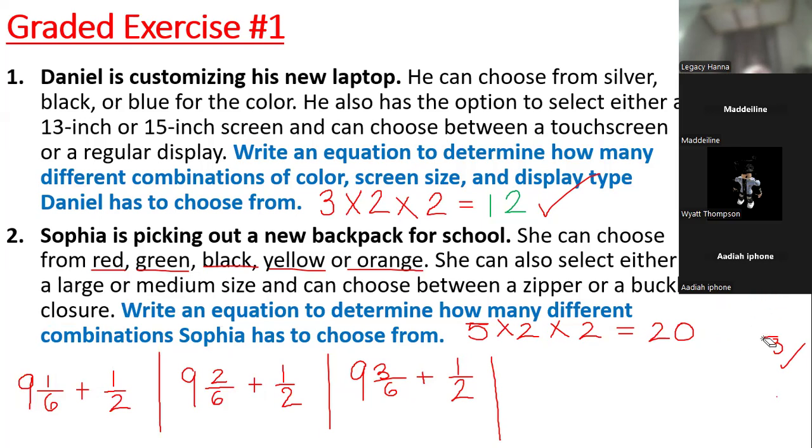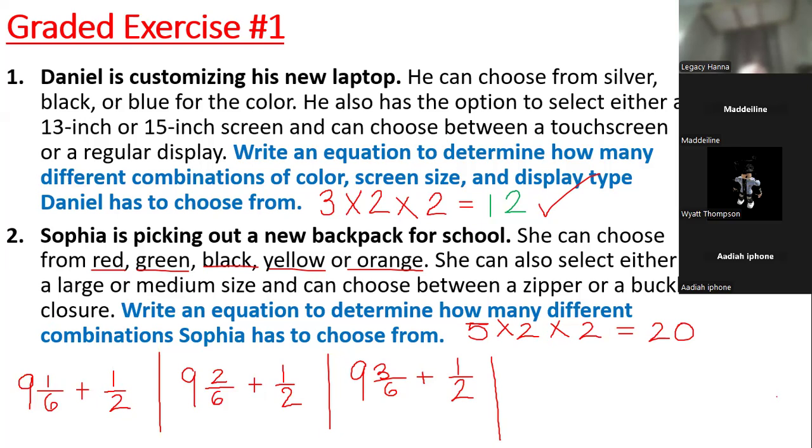Trinity, explain the second one. Yes, sir. So the second one, first you have to multiply 9 times 6.